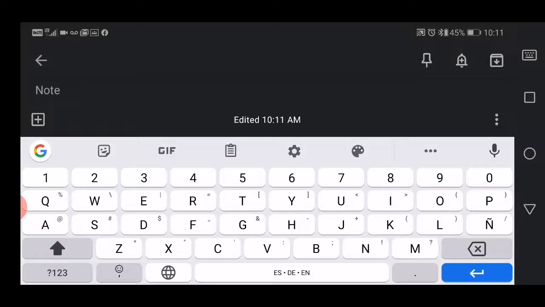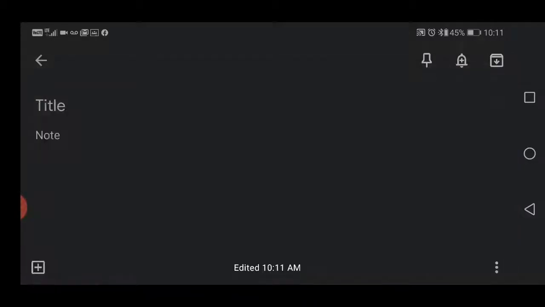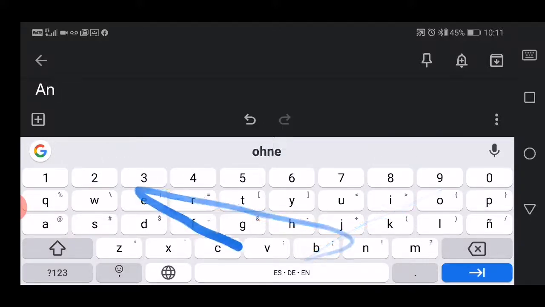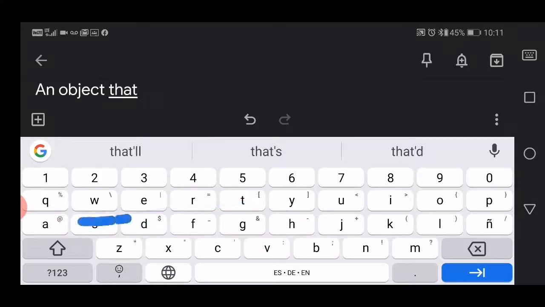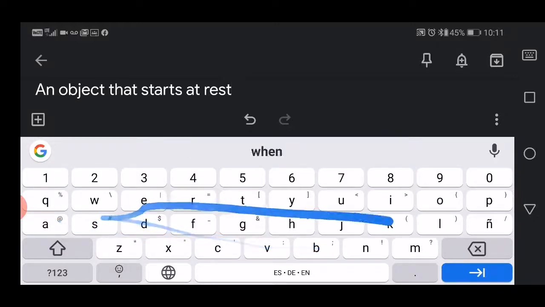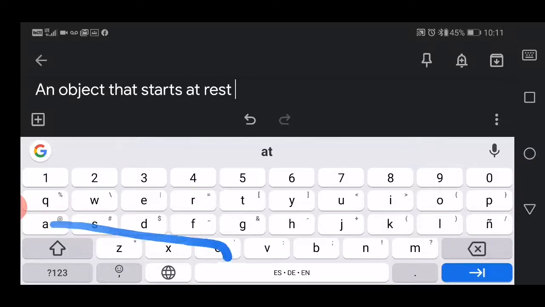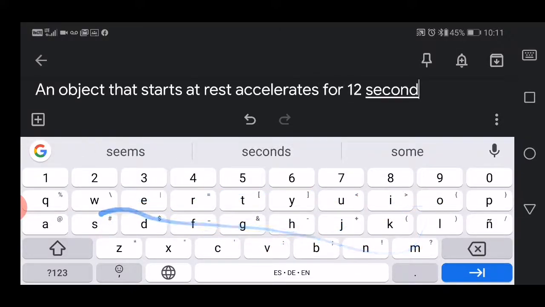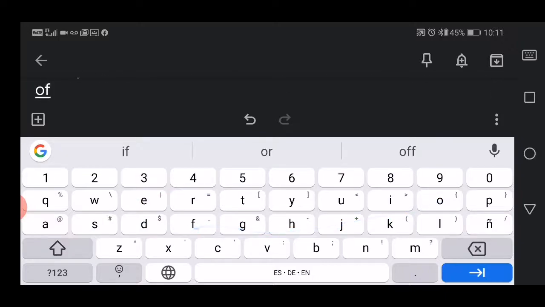Imagine this idea. Imagine that you have an object that starts at rest and it accelerates for 12 seconds at a rate of 4 meters per second squared.